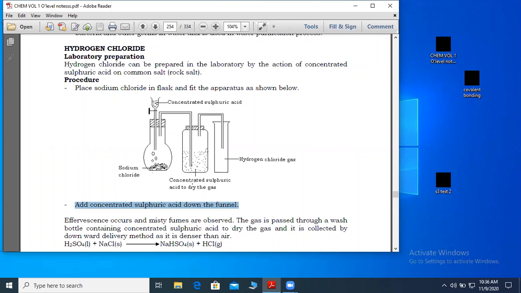Because from our knowledge of oxides, we said acidic oxides are oxides of nonmetals. So carbon dioxide is an oxide of carbon, which is a nonmetal, so it is acidic. Sulfur dioxide is an oxide of a nonmetal, so it is also acidic.